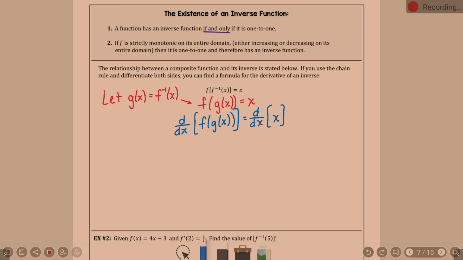Now, on the left, what do you know about the derivative of f of g of x? F prime of g of x times g prime of x. Derivative of the outside, so f prime of g of x, times derivative of the inside, so times derivative of g of x.